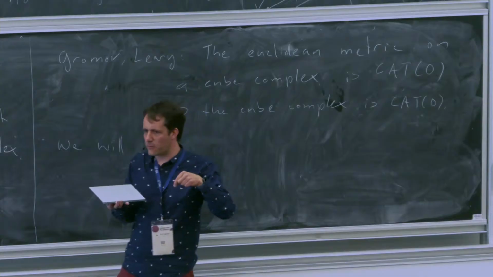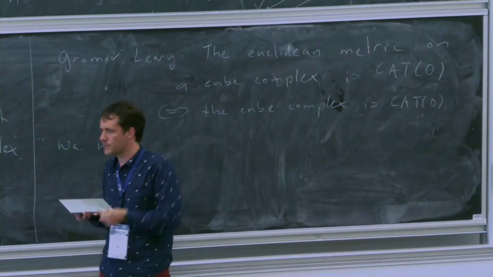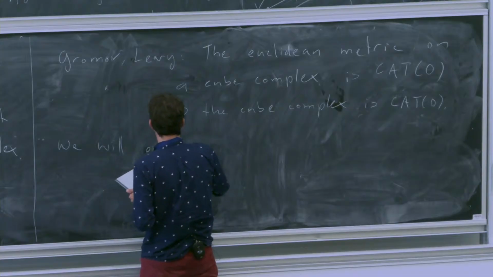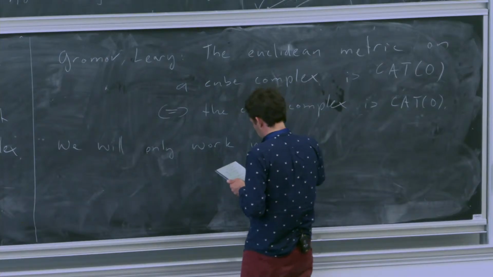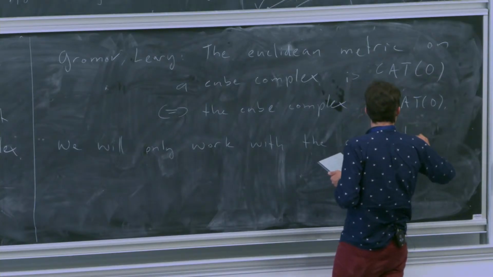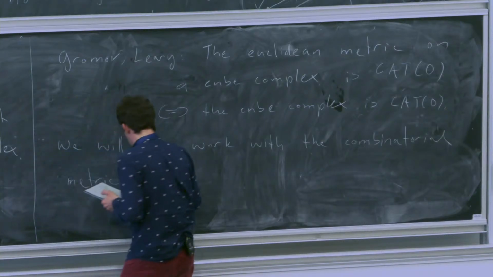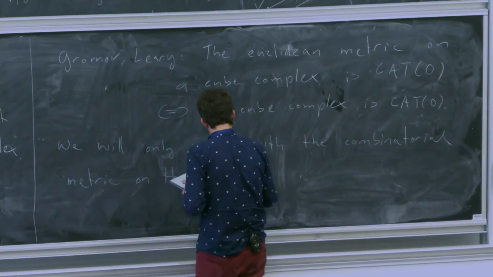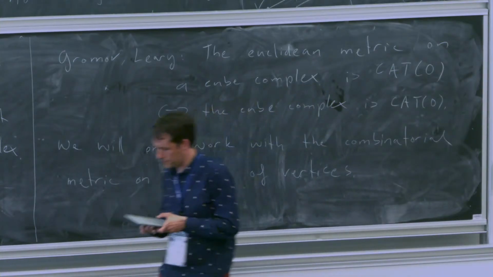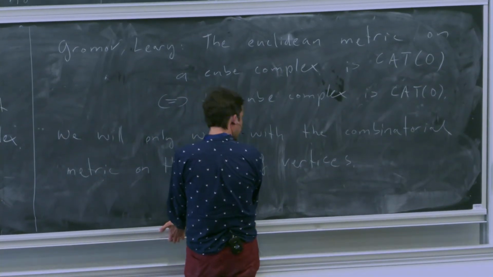If we speak of distance between vertices, we always consider the combinatorial distance. That's important.